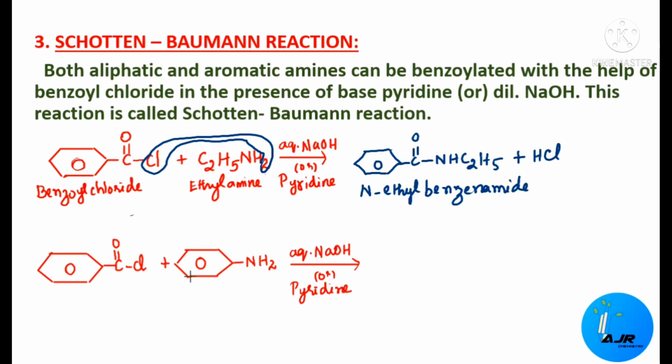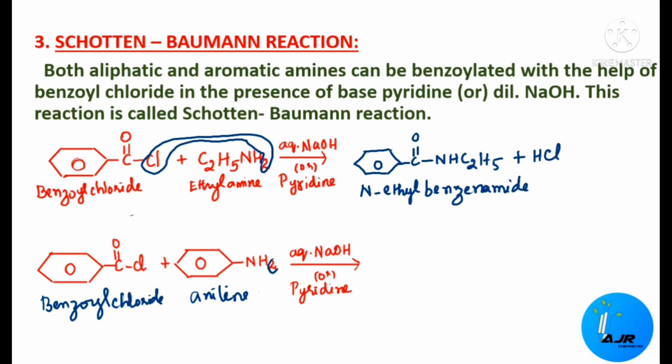So what happens when an aromatic amine is treated with benzoyl chloride? This is an aromatic amine, is it not? This is aniline. And when aniline is treated with benzoyl chloride in the presence of aqueous sodium hydroxide or pyridine, the same reaction takes place.